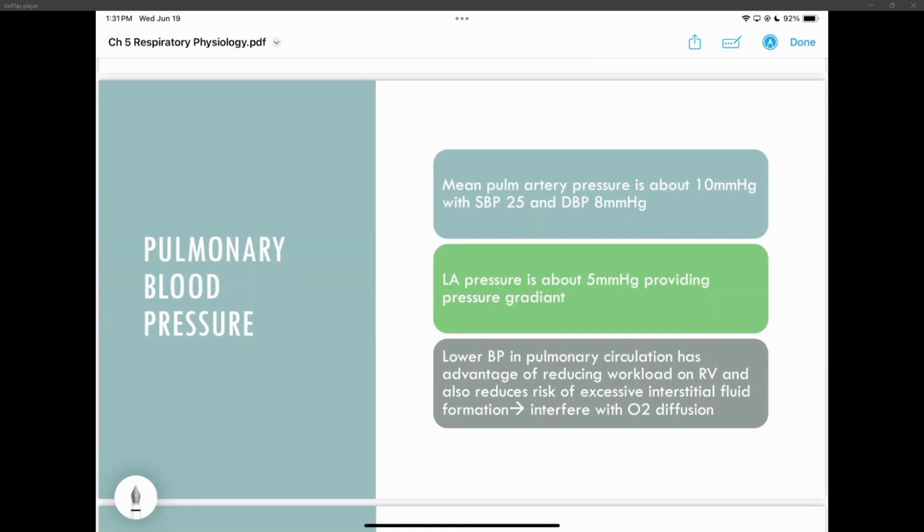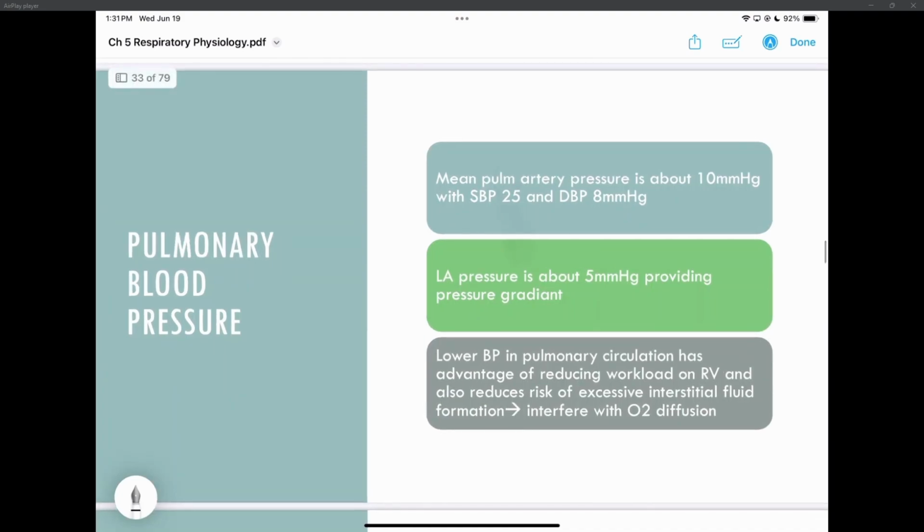Make sure you really read the words, because they're going to start combining similar topics, and make sure you understand that we're talking about pulmonary artery pressure. So your MAP for the pulmonary system is about 10, your systolic is about 25, and your diastolic is about 8. Very, very low pressures on the right side of the heart.